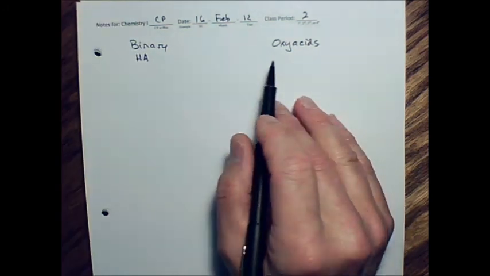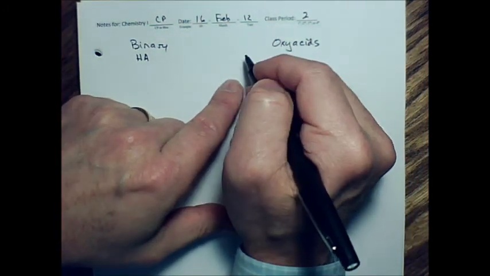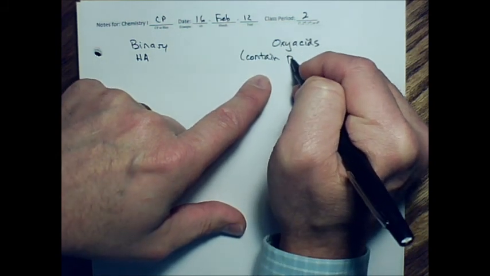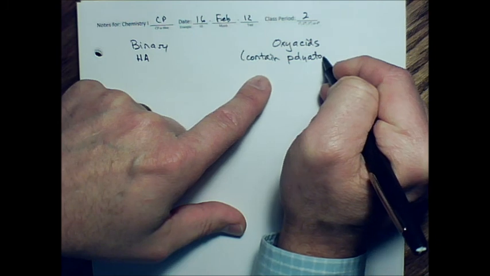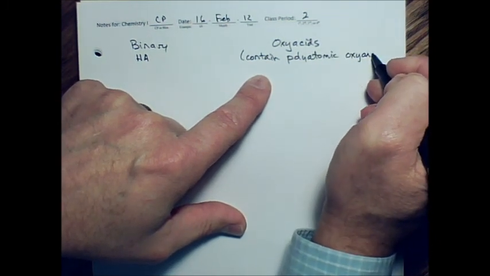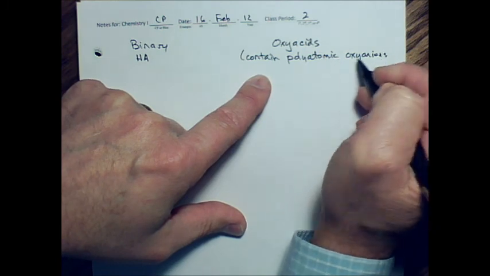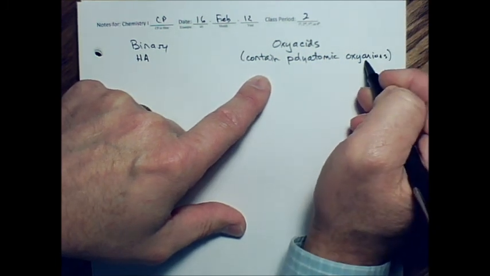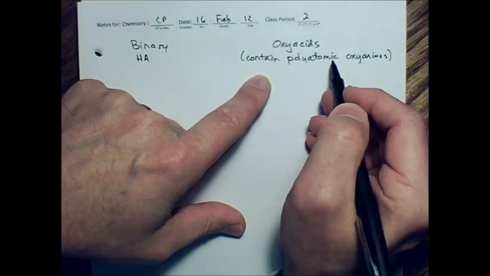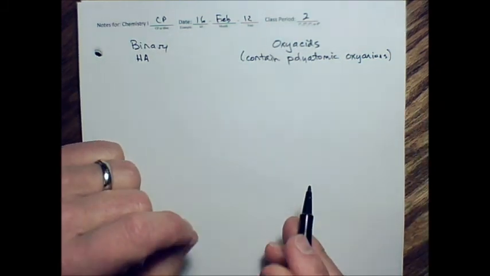Okay? So there's a different naming system for this. These oxyacids then contain polyatomic oxyanions, negatively charged particles, that's what an anion is, with oxygen in it. Polyatomic meaning there's more than one element covalently bonded together.